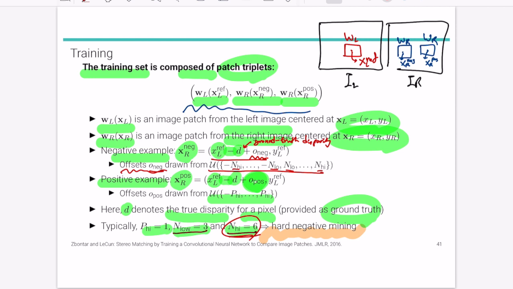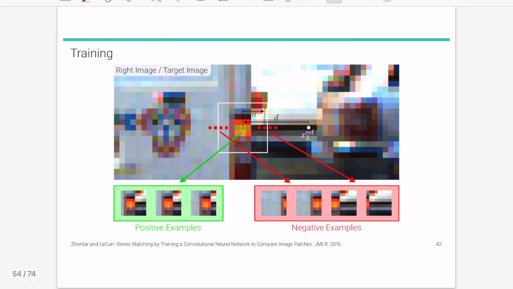But by considering only those nearby patches as negative patches, we can give the model high discriminative power. So this is hard negative mining. This is an example.